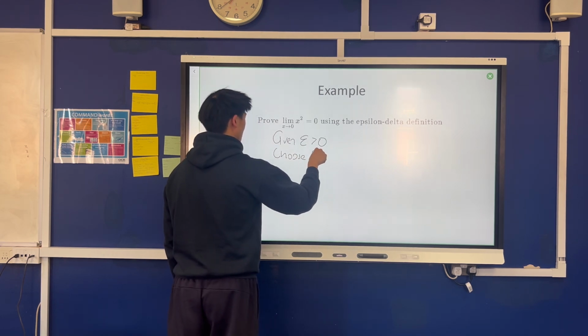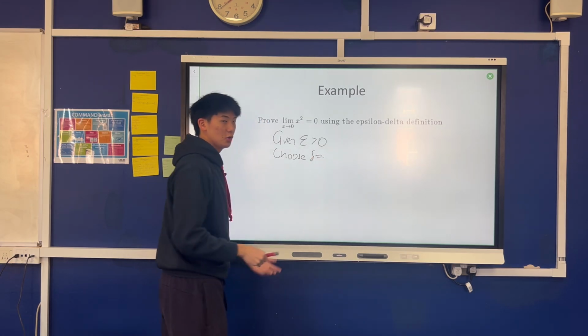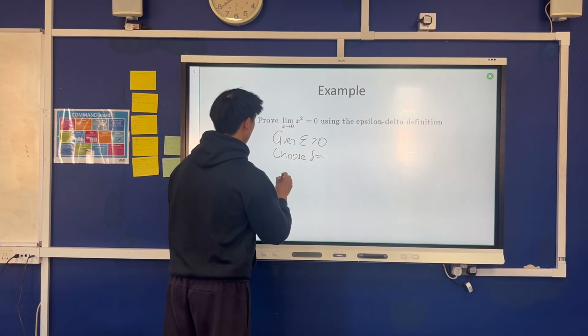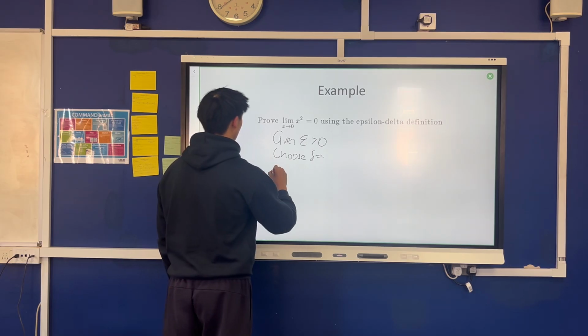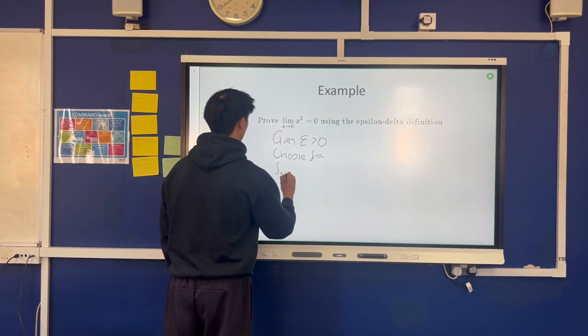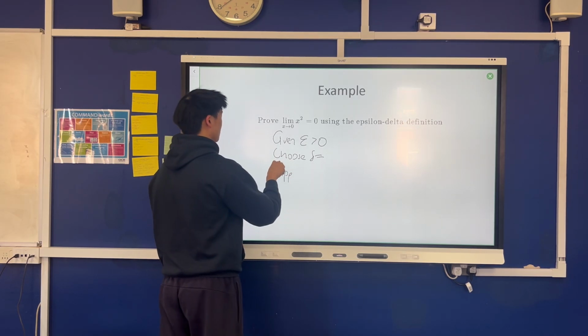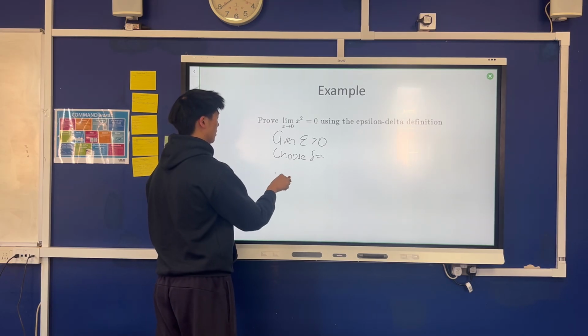Well, it's obviously going to be greater than 0, but we don't know what to choose it as yet. So now we're going to suppose, okay, let me write out the condition that we need to be true for this to be true.